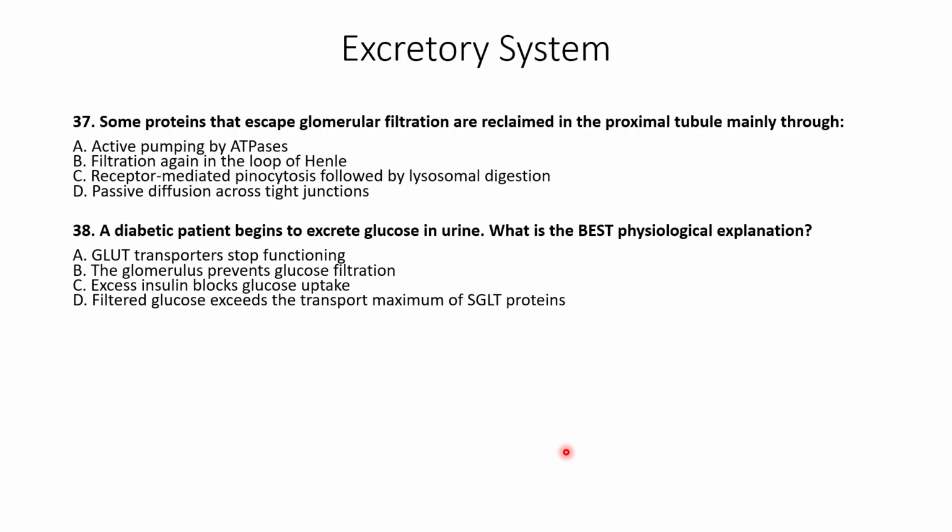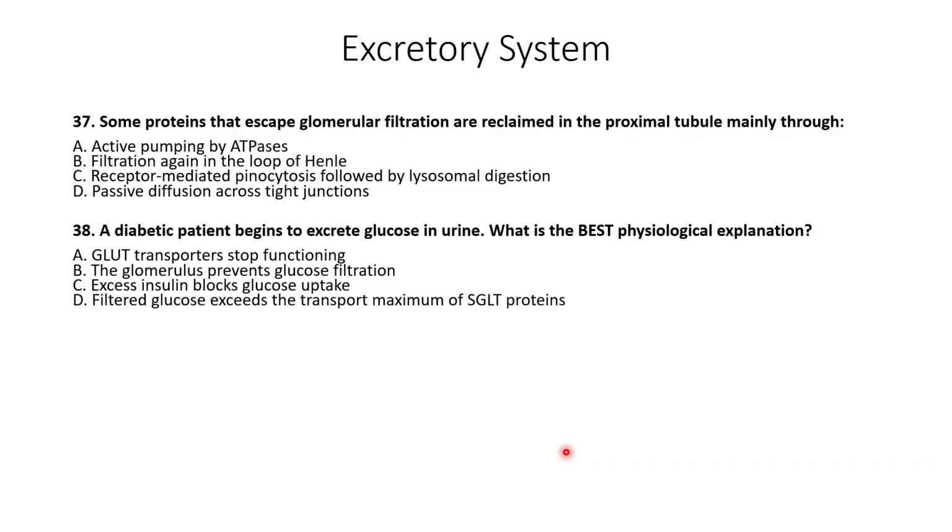And that is what this condition is called glycosuria. You guys would have heard of it. It's essentially when there is a bunch of glucose in the urine, and it's a classic sign of diabetes. Okay.